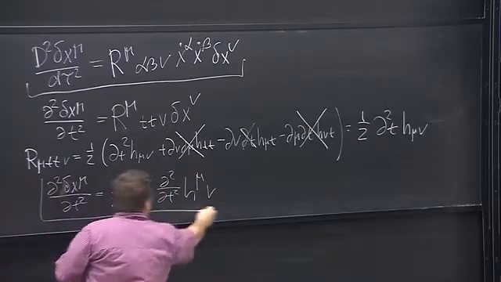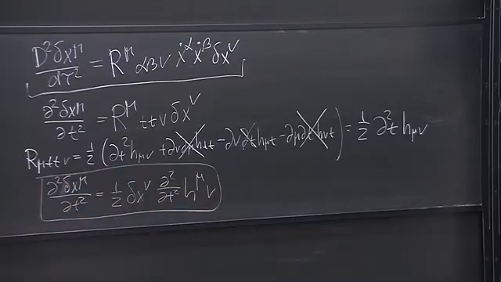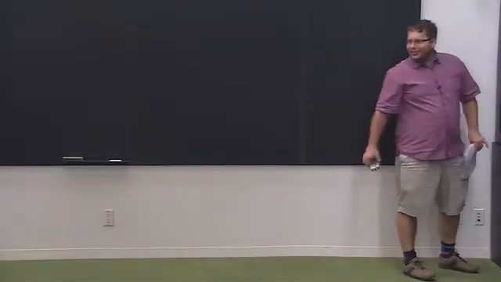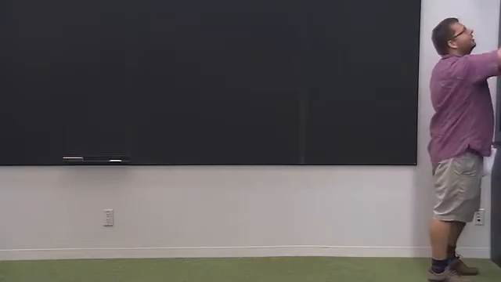Okay, so this is how our geodesic equation looks like. Any questions so far? Everybody happy? So we just use the formula, so now we can delete it, right? We don't need it anymore.